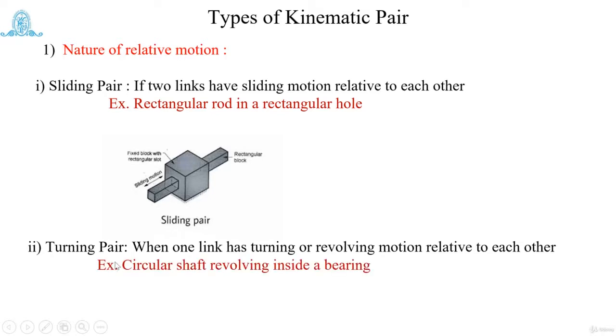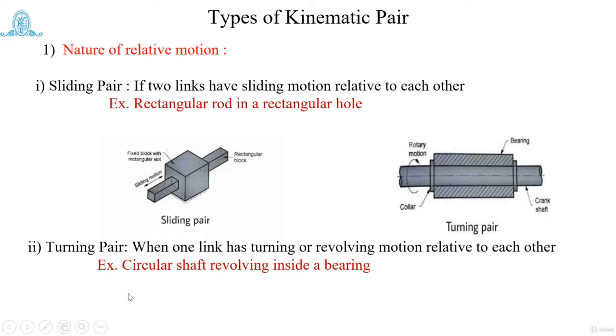For example, we took a rectangular rod in a sliding pair. Now we are modifying that rectangular shape into a circular shaft revolving inside a bearing. Over here is a circular shaft, which is present inside the bearing, and collars are provided.